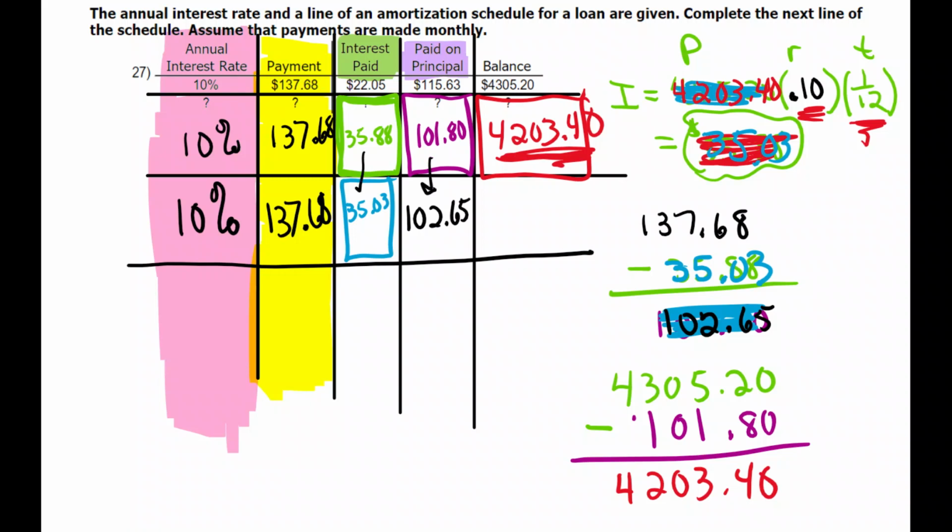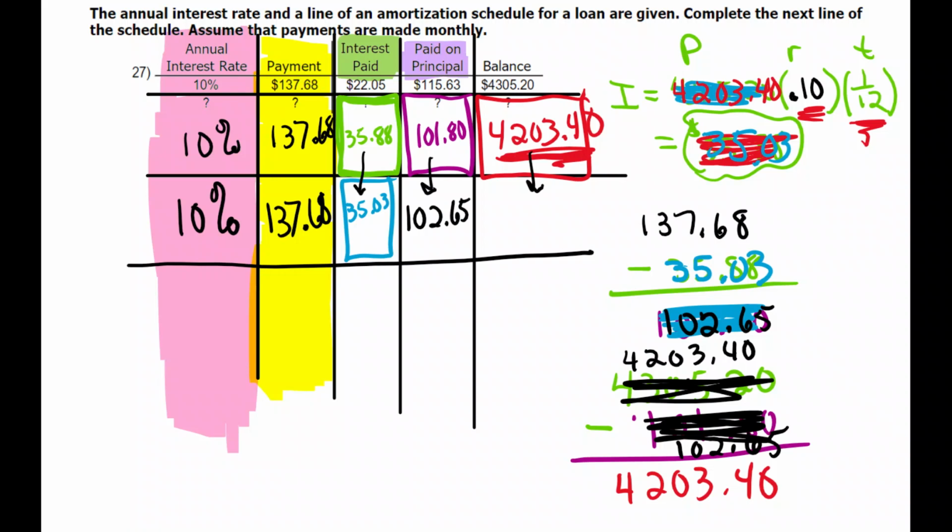And you'll notice that the paid on principal is going up. As your interest goes down, the amount that your paid on principal goes up, and so this number is going to come down further. It's not this one, it's now going to be the 4203.40, and instead of the 101.80, I'm going to subtract the 102.65.